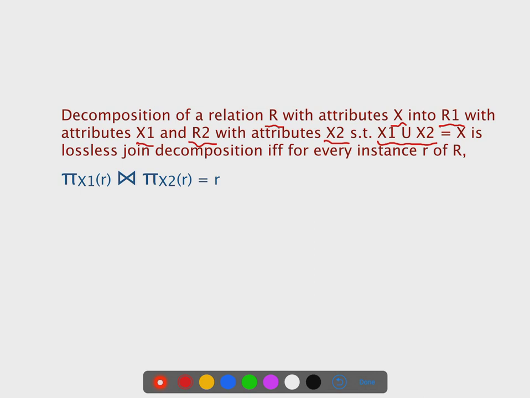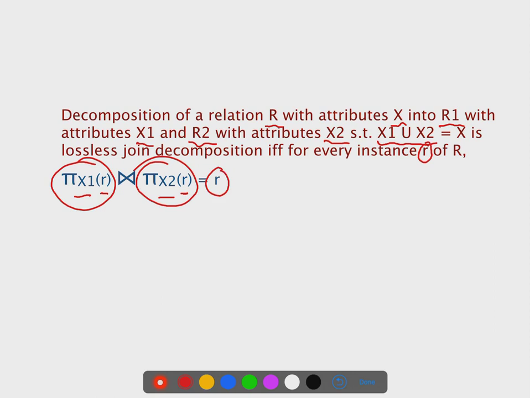And for this decomposition to be a lossless join decomposition, for all instances of R, let's say one of them is denoted by lowercase r, the projection of r onto X1 and the projection of r onto X2, when we take the natural join of these projections, we should always obtain the original relation instance r. If this is the case, then we say that this is a lossless join decomposition.